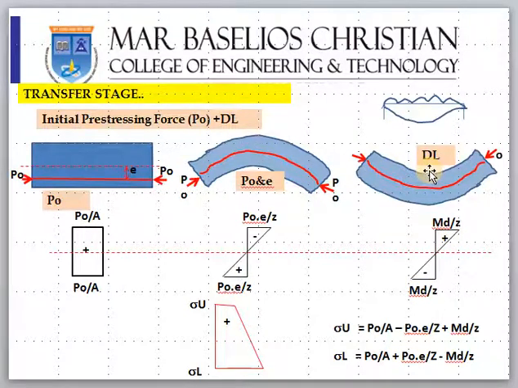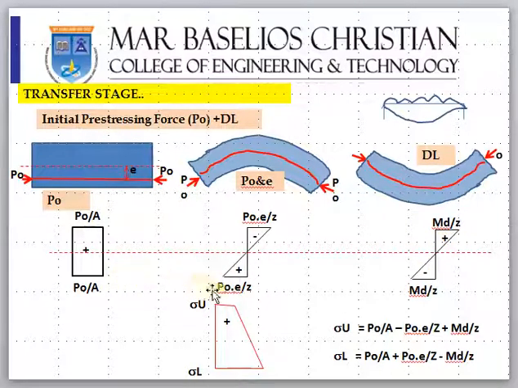Since it is compression at the top, the top will be positive and the bottom will be negative. Got the point? So in the first stage it is P0 by A, in the second stage it is P0 e by Z. The top is tension, the bottom is compression, so negative at the top and positive at the bottom. In another stage, because of dead load, it bends down like this, so the top will be compression, which is positive, and the bottom will be negative.